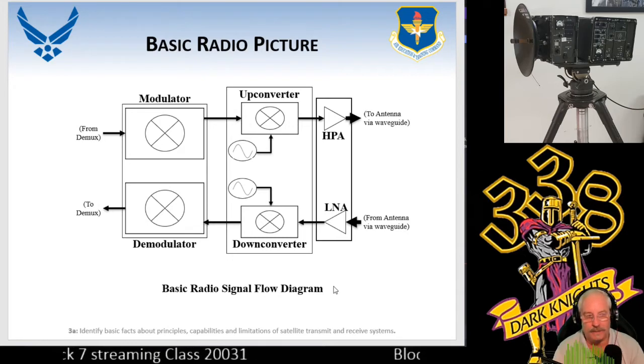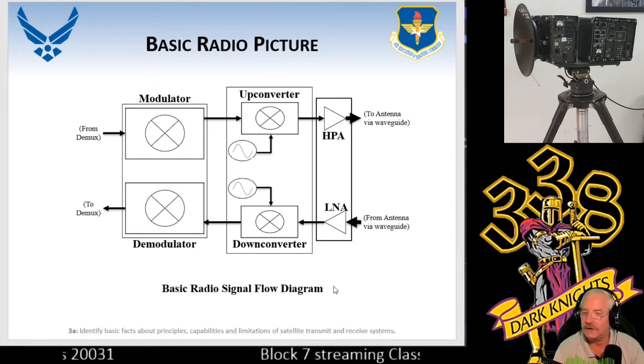When we recover it, again, it comes through the LNA, which is going to amplify it. And you can see that there's a trend from the transmit versus the receive. Our LNA and HPA are triangles. When I look at diagrams, any triangle I see, I consider to be an amplifier.